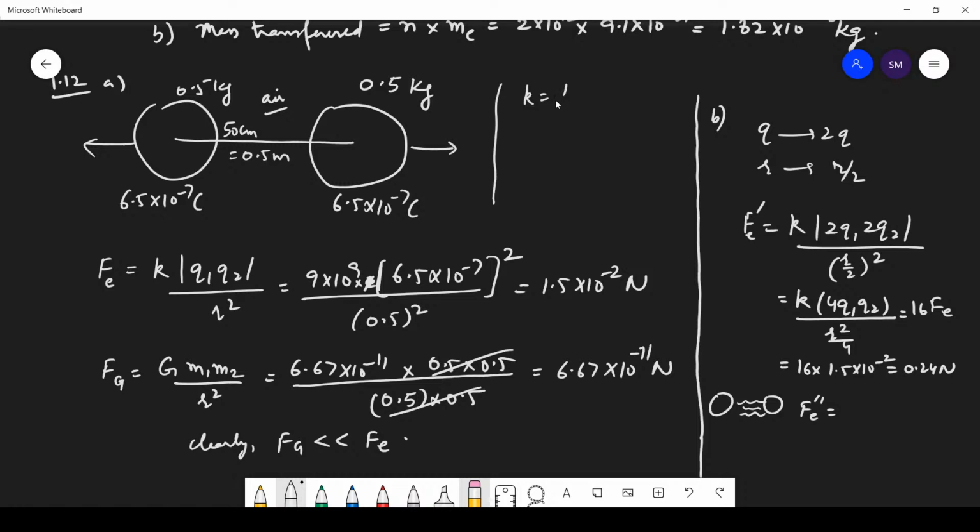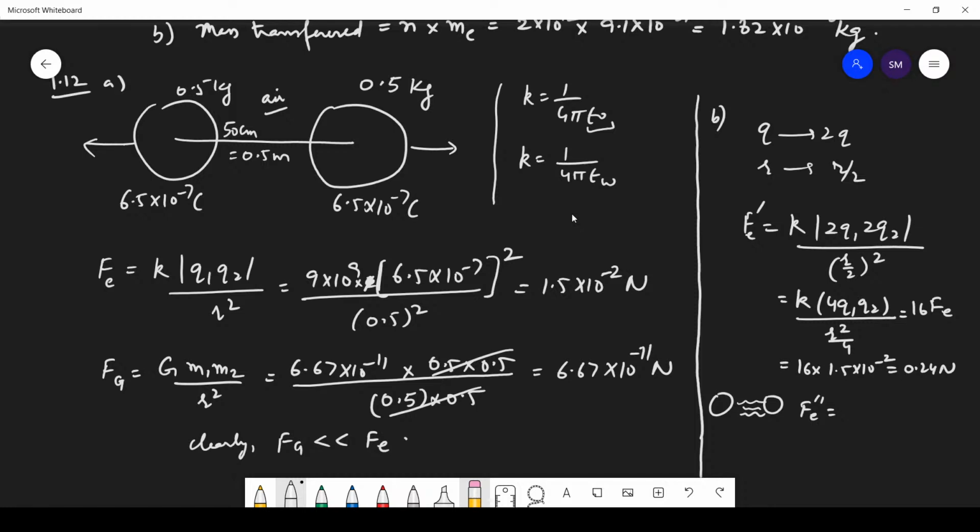K is equal to 1 upon 4 pi epsilon naught. Now this is the permittivity of free space, but now we have the permittivity of water.